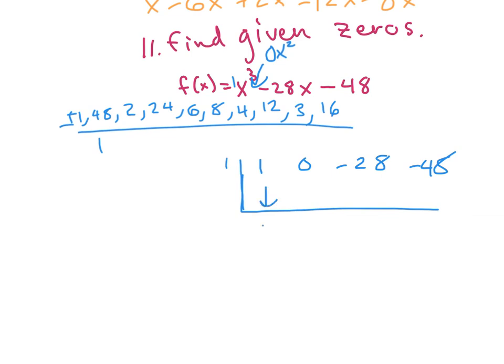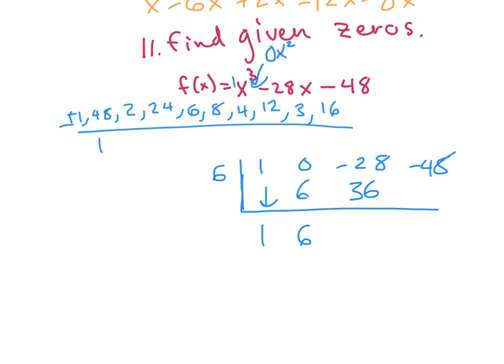1 times 1 is 1. 1 times 1 is 1. This would be negative 27. And 1 times negative 27, 1 doesn't work. So what can we try next? 6. So 6 times 1 is 6. 6 plus 0, 6. 6 times 6, 36.